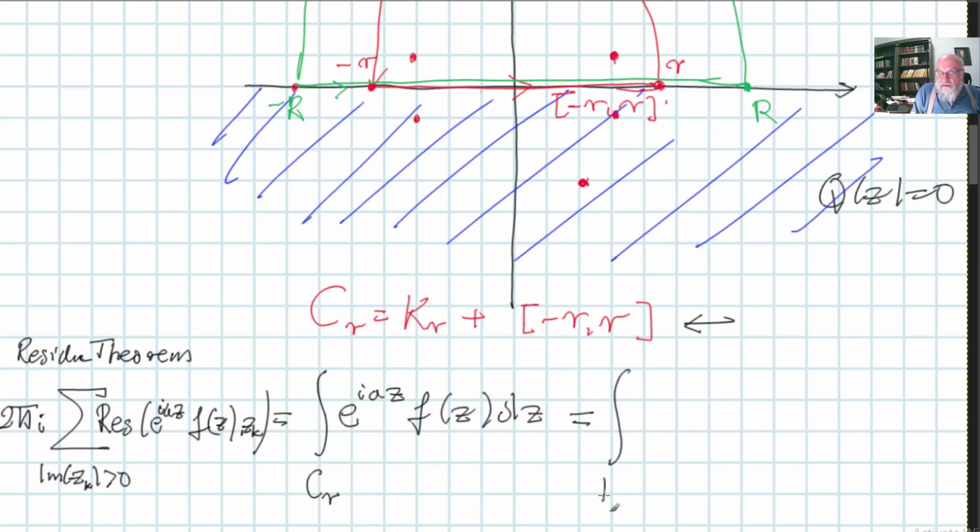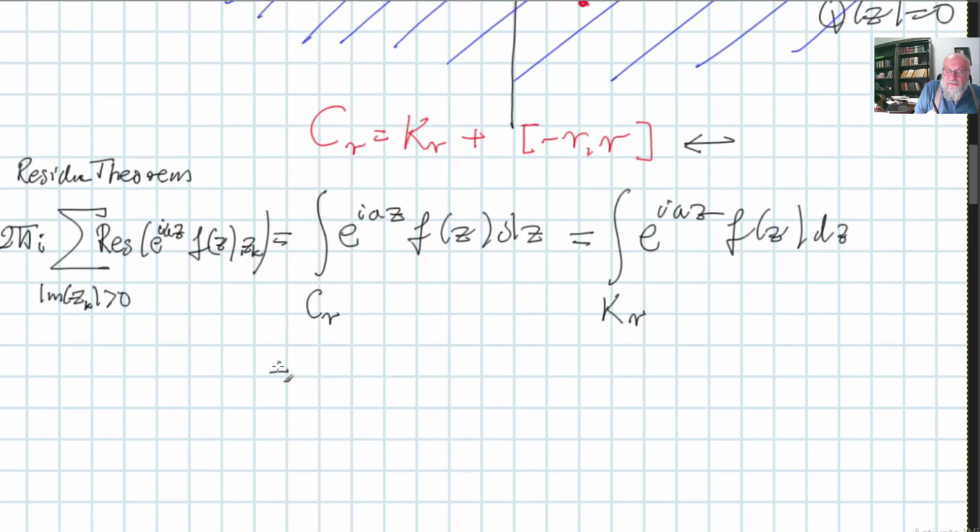The first integral is over the semicircle k_r of e^{iaz} f(z) dz, plus, interestingly, because the function f is real, exactly the integral from minus r to r of e^{iax} f(x) dx. So that one is this integral.